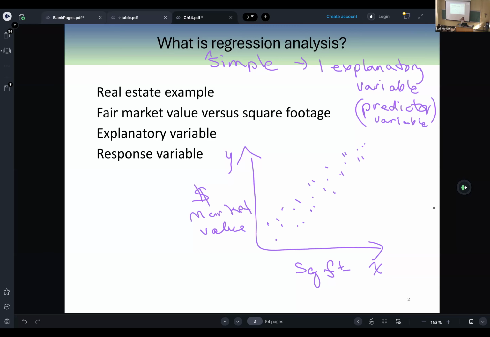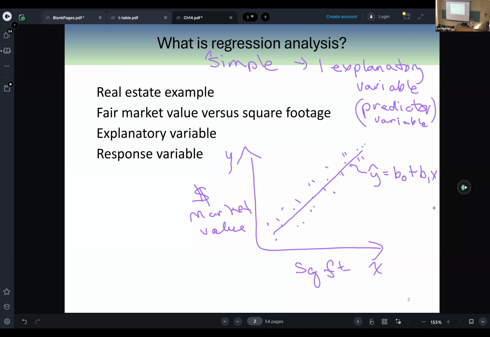But if you take all that out and you're just looking at square footage, you're going to have a plot that has lots of variability because of all those other items, location and such. And then you get an average. And that average is going to be our Y hat equals our intercept that we estimate, which is B naught, and our slope.